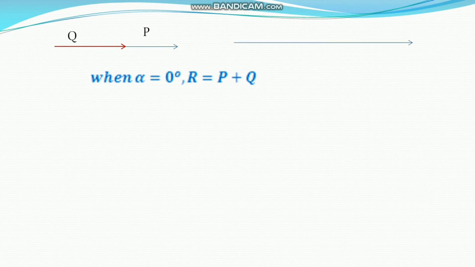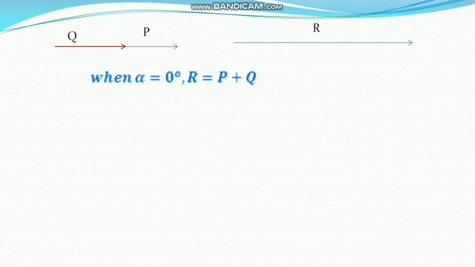Let us have two forces P and Q, and the angle between P and Q is 0 degrees. In this case, the resultant will be equal to P plus Q. If P and Q are the two forces, the resultant will be P plus Q in the same direction, because the angle is 0, so the resultant will be the addition of both forces in the same direction.